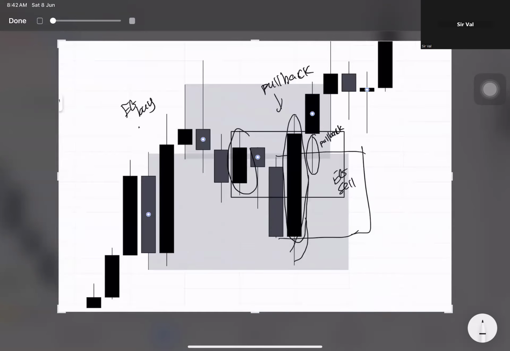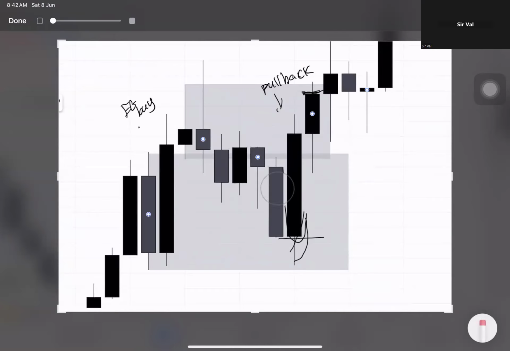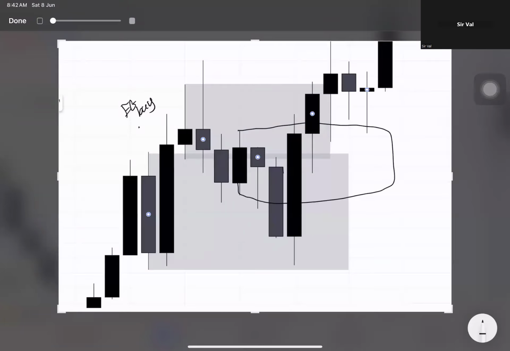After price pullback, price closes here and creates engulfing sell on monthly. So we already know that price wants to keep going down. First thing first, before we don't have any here, right? I have been entry here.